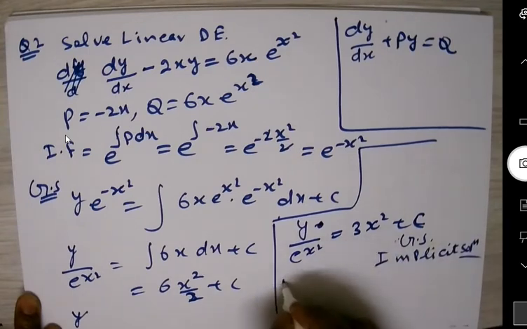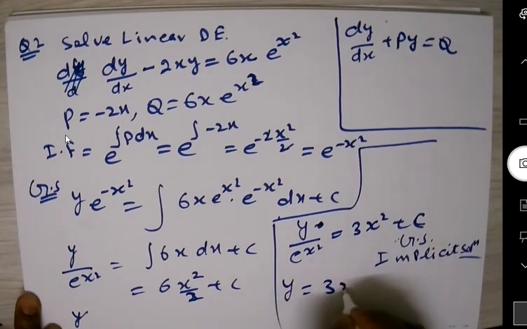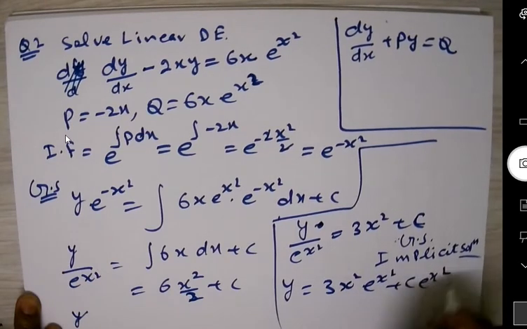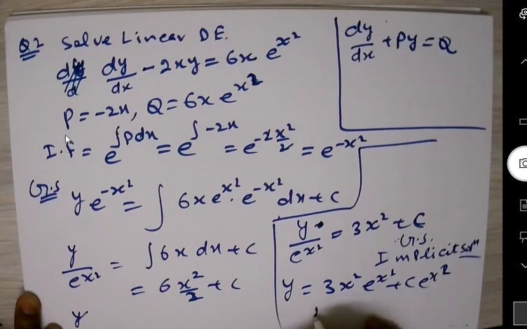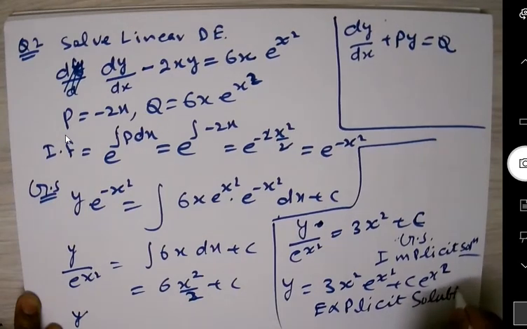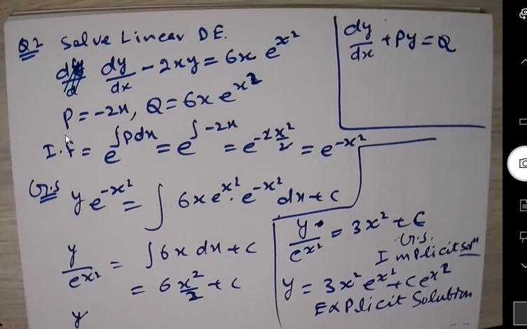But if you write like that, y is equal to 3x square e power x square plus c e power x square, then this is called an explicit solution. Hopefully you understand this one. Hopefully my dear friend you understand that one.